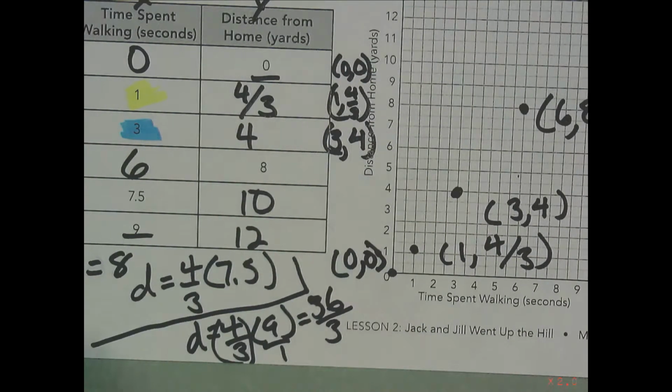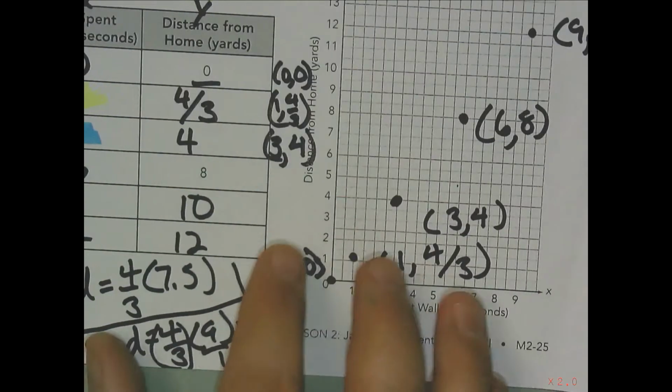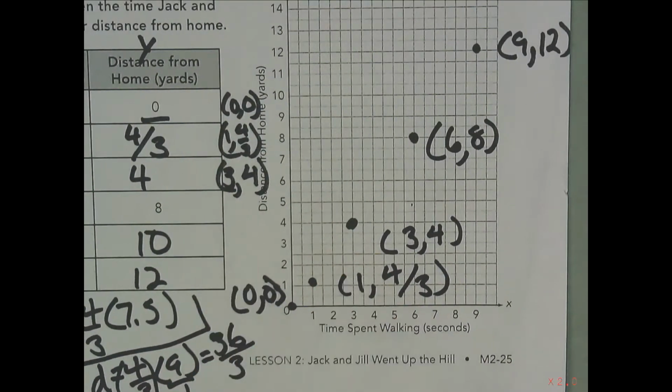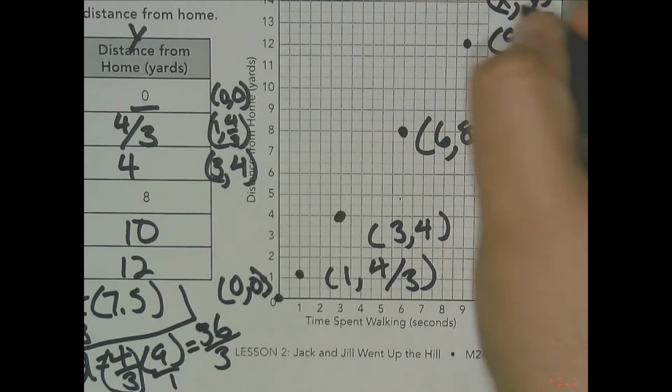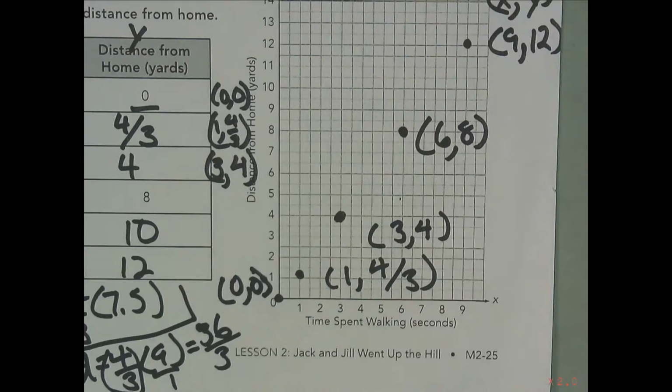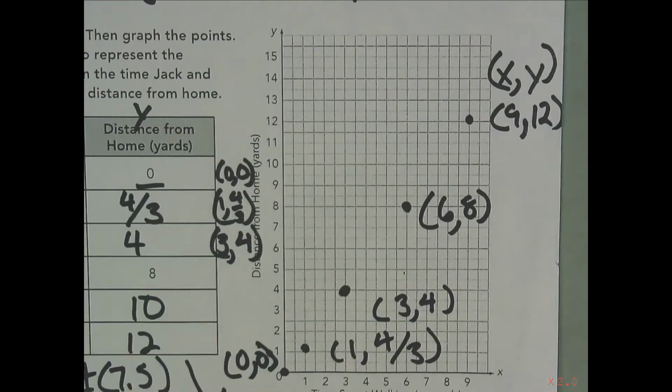Now, if you graph your points properly, these points should form a line. Okay? So if they don't, that just means that you got to check how you graphed it. You got to graph it properly. Remember, we're graphing x, y. Always in alphabetical order, at least in a high school math class.